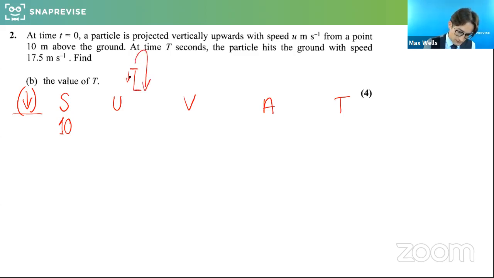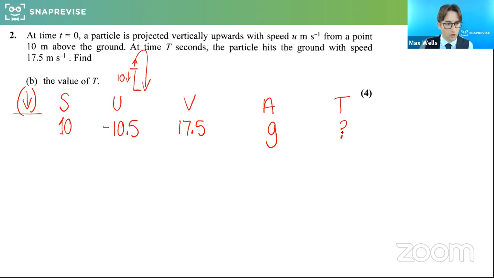If that's +10, it's initially projected in a negative sense with -10.5 as u, because we were throwing it away from the positive direction. V, we know, is in that direction, and gravity is in that direction. We're also looking for T now. So we've got everything, and there are a few choices we could use here.